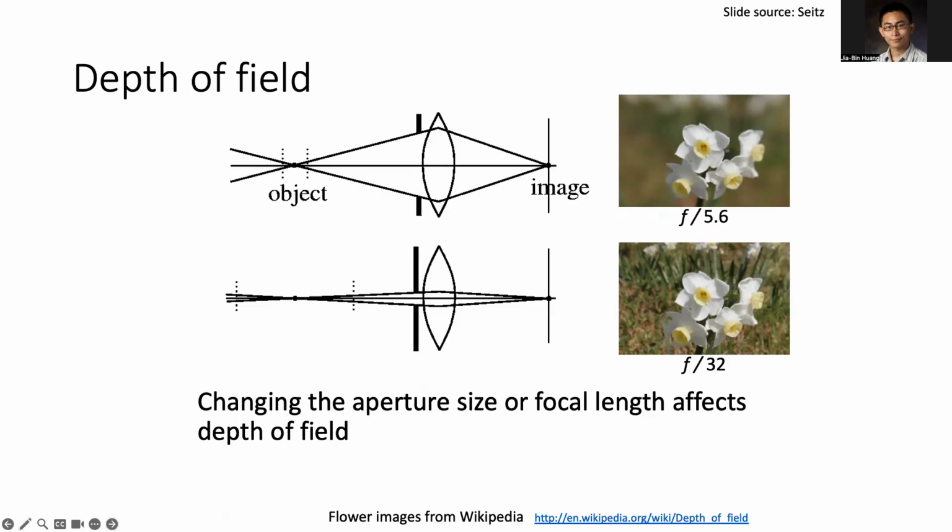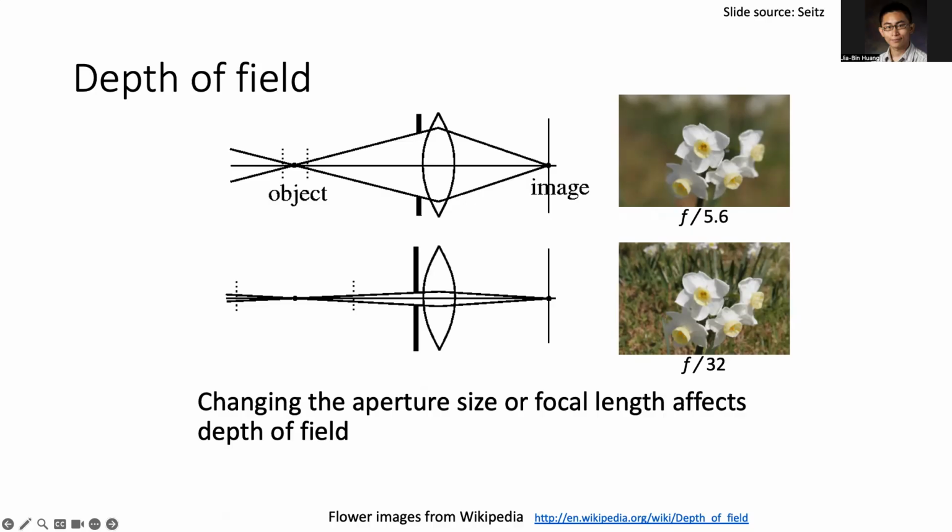You have this trade-off, right? So that's why you introduce a lens in between at the center of projection, so that the lens can bend light, gather light, and focus that light onto one point at the image plane. And then you can control this.